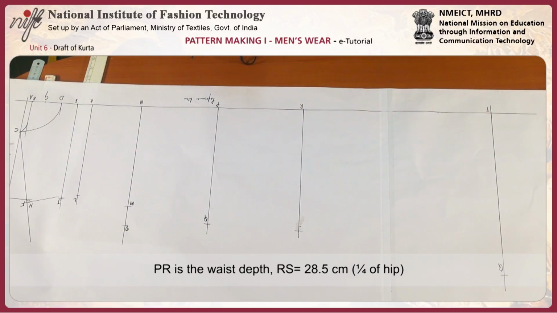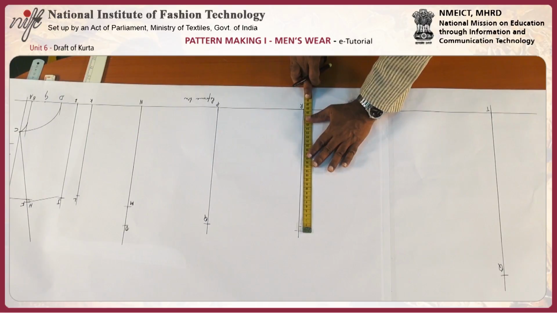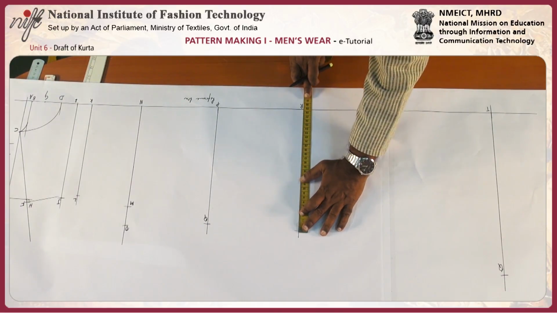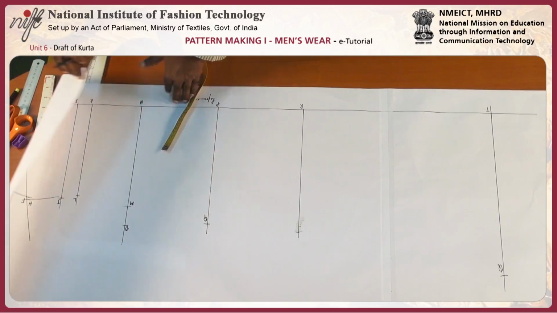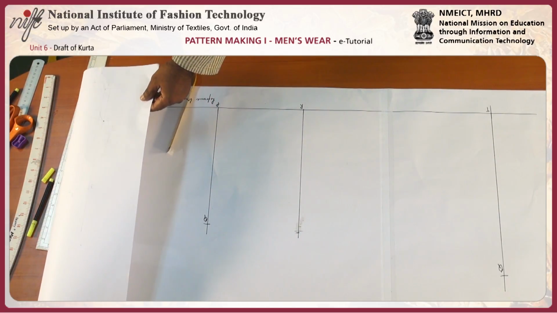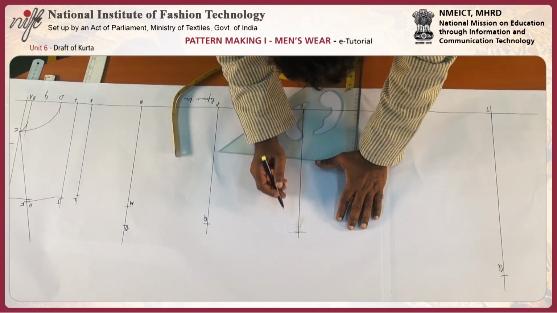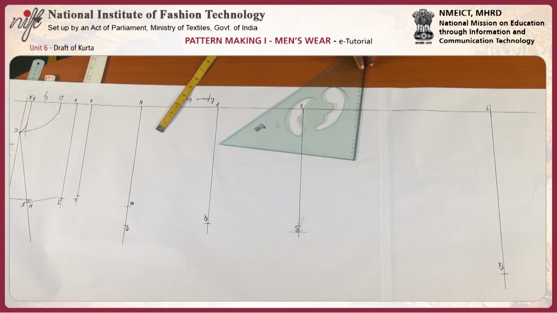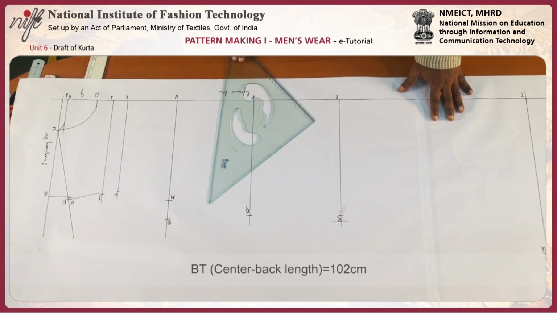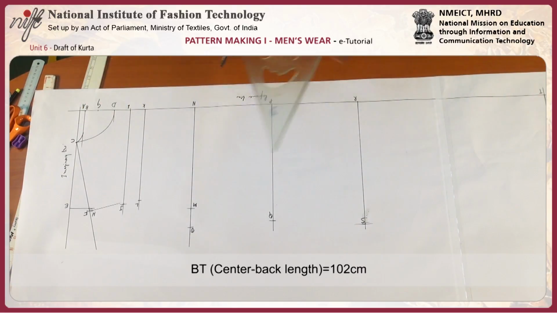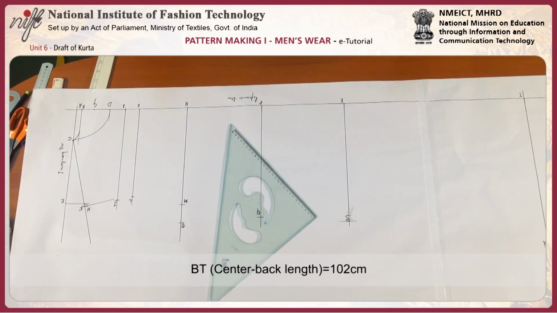R to S is 1/4 of hip, 28.5 centimeter, point S. Now point B, that's the center back neck, to T is the center back length, 102 centimeter.